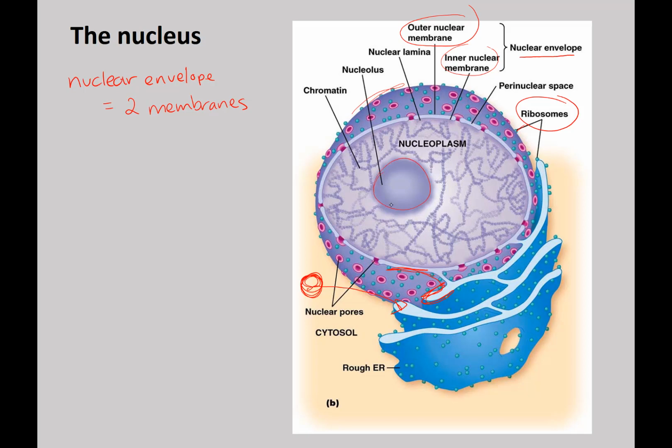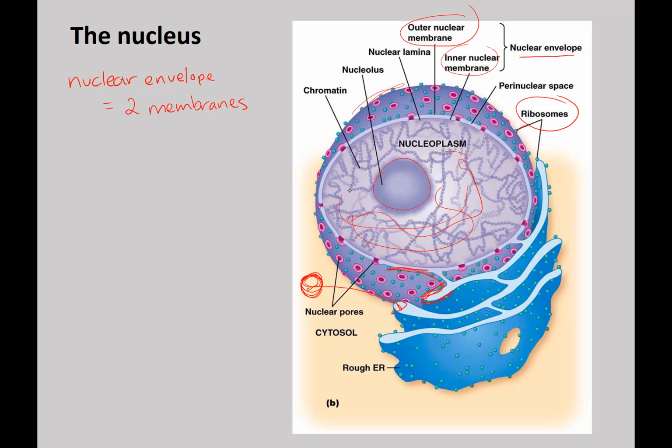Again, here's that nucleolus region, right, space. Chromatin, we call them chromosomes when they're nice and condensed, when the cell's getting ready to replicate. When they're kind of loose and all scattered around the nucleus like this, we call them chromatin.